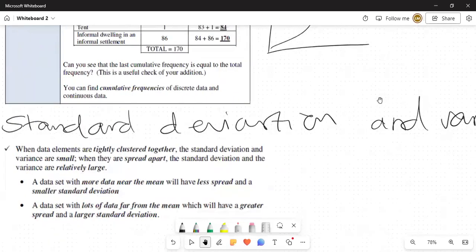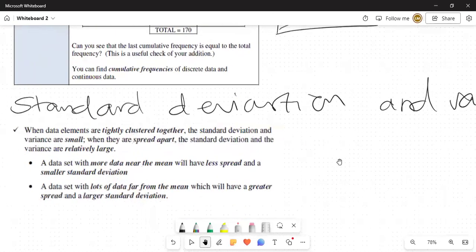The last one we want to talk about is your standard deviation and the variance. Now, the standard deviation tells you how spread apart your data is. The data set with more data near the mean is less spread and has a smaller standard deviation.